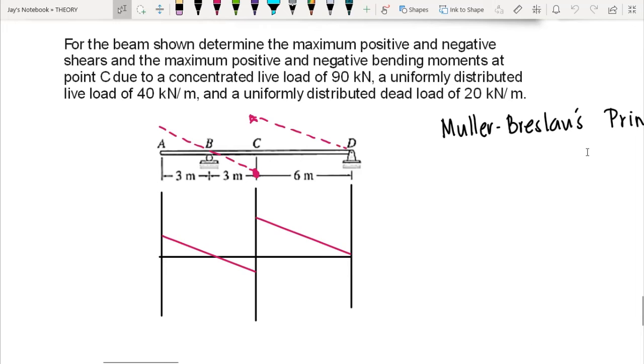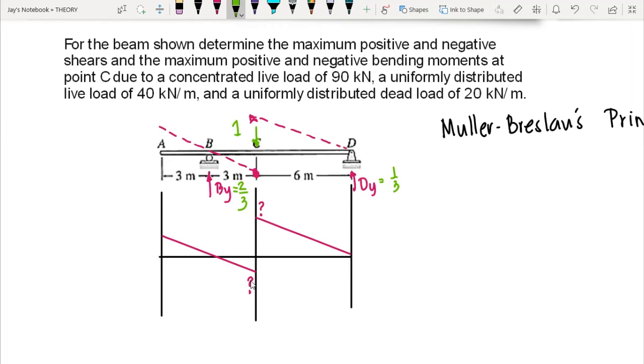Now we do not know yet the ordinate at this point and this point as well. So in this case, we have to compute the reaction at B and the reaction at Dy. So basically, we need to apply the equilibrium equations. If we have our 1 unit load at point C, we would have the value of By here equal to 2/3 and the value of Dy here equal to 1/3.